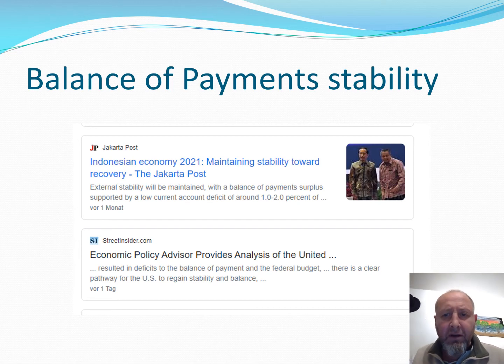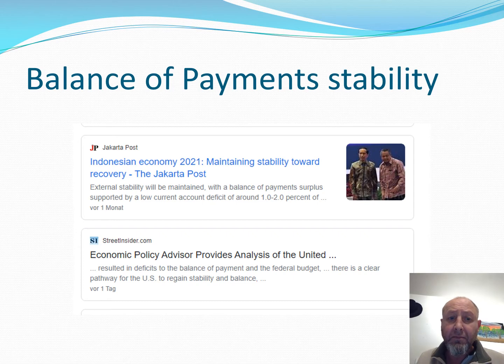Now, if I look here, the Jakarta Post, the Indonesian economy is maintaining stability towards recovery, and these guys have got a balance of payment surplus. They're actually selling more things, exporting things, and money is coming into the Indonesian economy.